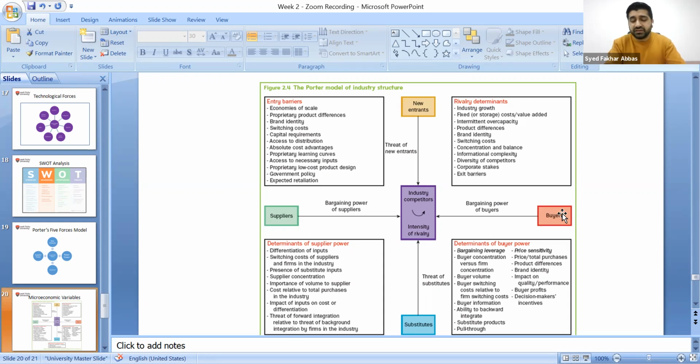So the determinants of buyer power: bargaining leverage, buying concentration versus firm concentration, buyer volume, buyer switching cost, and similarly buying information, ability to backward integrate, substitute product, pull through, price sensitivity, etc. So these are basically the factors. All companies are trying to reduce the buying power of their buyers.